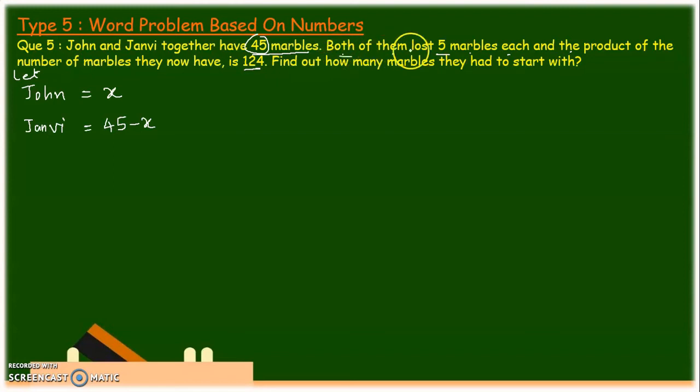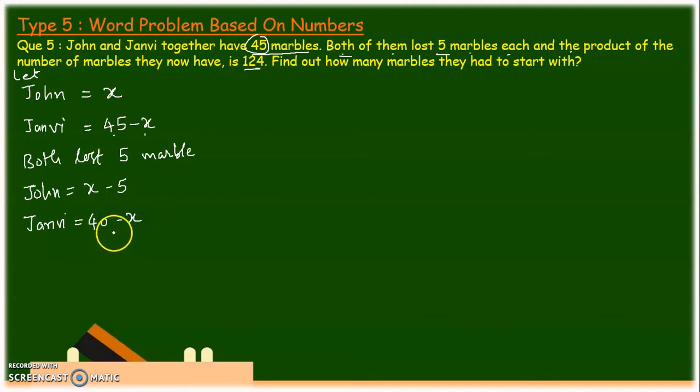Now both of them have lost 5 marbles. So now John will have x minus 5 marbles, and Janvi will have 45 minus x minus 5 marbles, that will be equal to 40 minus x.